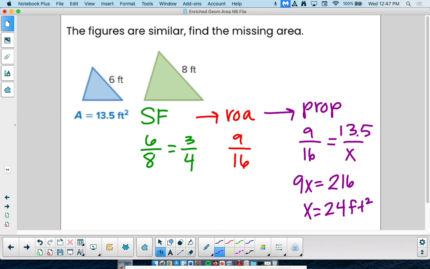You guys get 24? Okay. When you're ready with that one, let's go to the back or the next page.